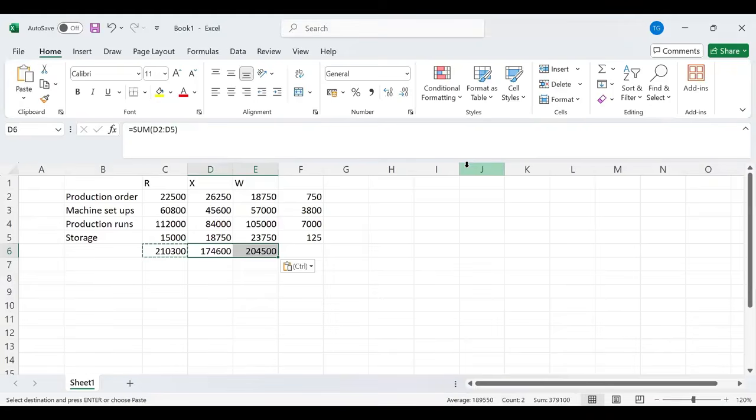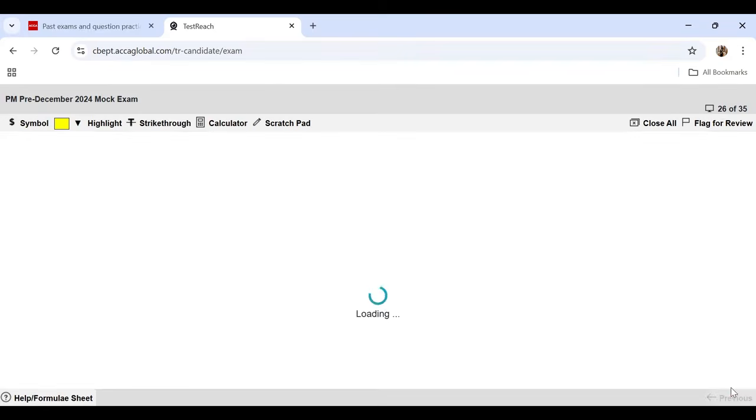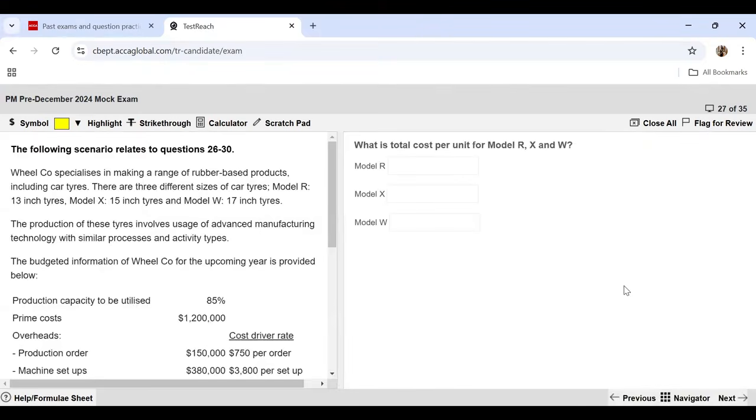Second one is 174,600, and the third one was 204,500. This is the final budgeted overheads that we will be putting for our X and W.